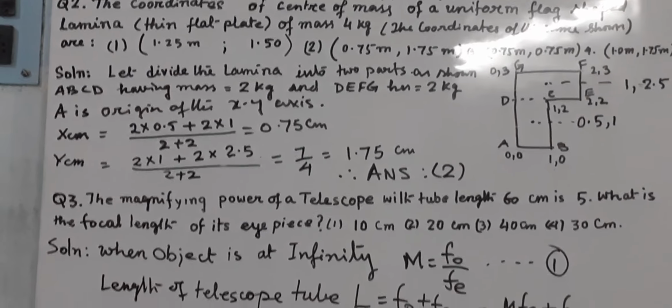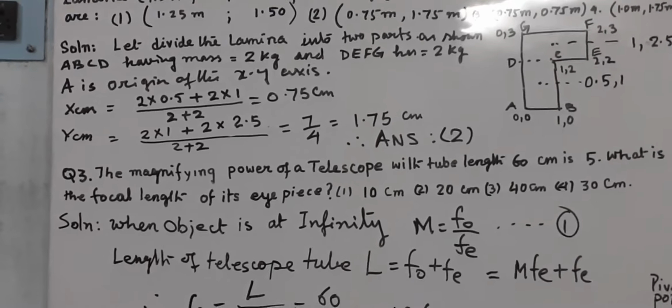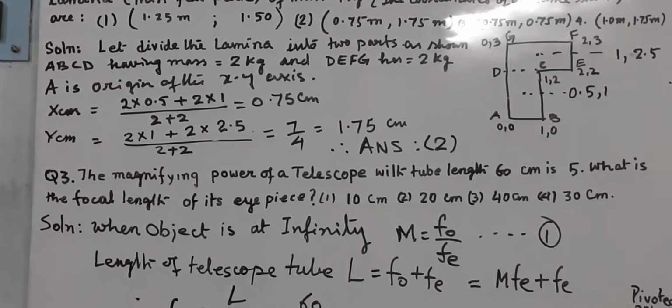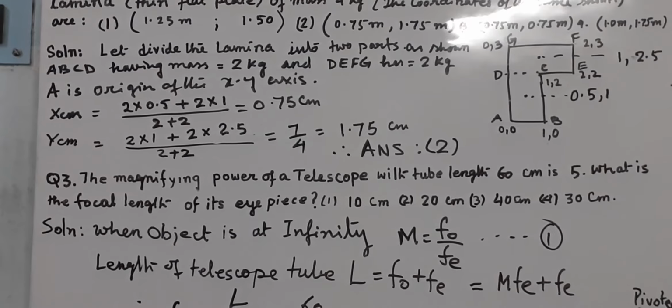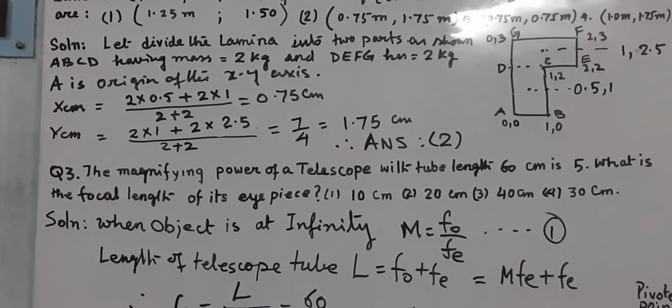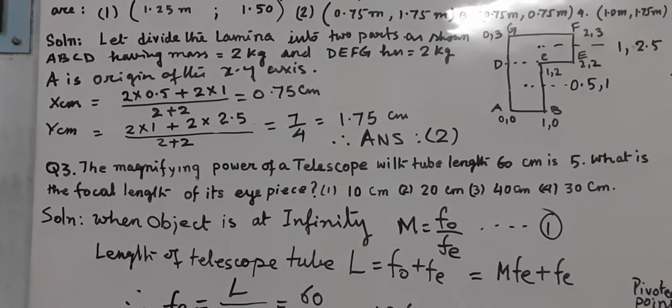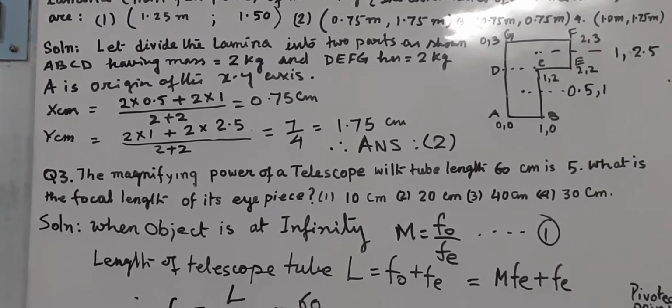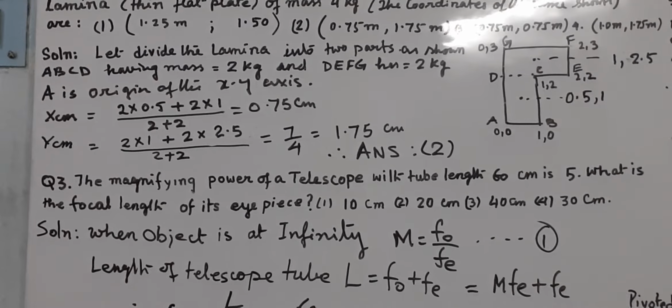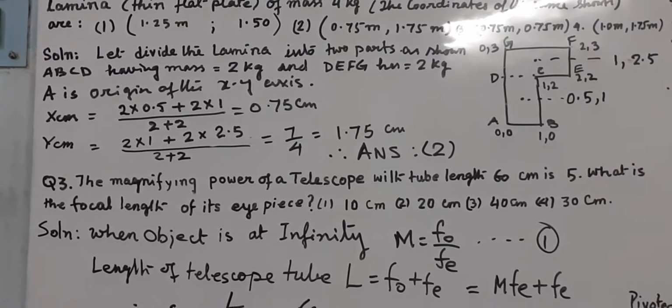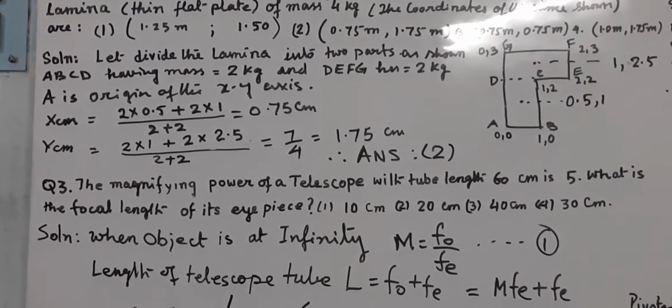Now, for XCM we can write 2 into 0.5 plus 2 into 1 divided by 2 plus 2, which will give you 0.75 centimeter, and YCM will be 2 into 1 plus 2 into 2.5 divided by 2 plus 2 equal to 7 by 4, which is 1.75 centimeters. So, the correct answer is choice number 2.